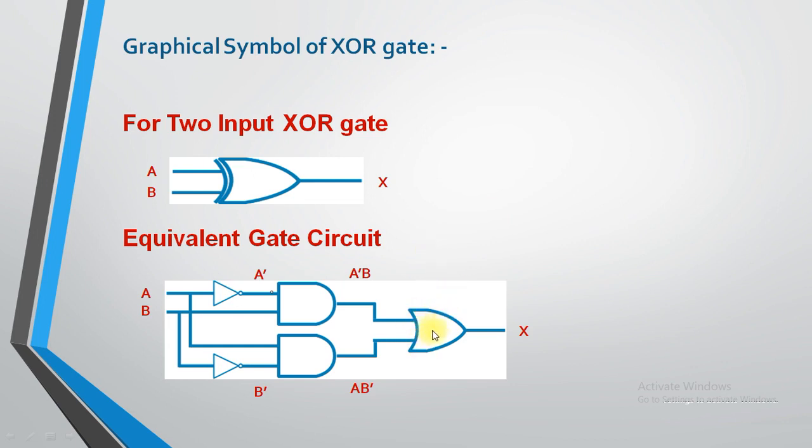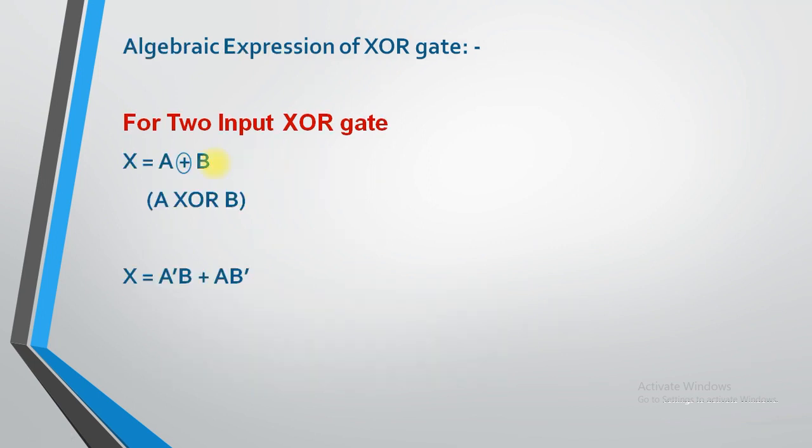So for that, plus is used for the OR gate. So over here I have drawn an OR gate, and this is the output of A dash B, this is the output of AB dash, and this is the OR gate. So X equals A dash B plus AB dash for the XOR gate, which is based on the formula A dash B plus AB dash.